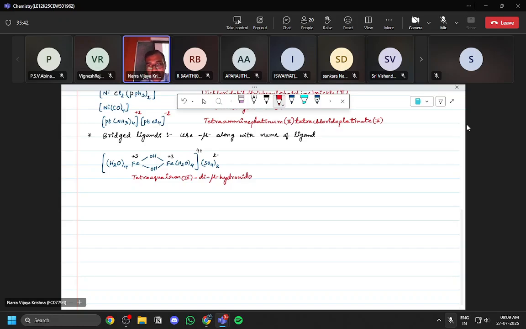Again, iron or tetraaqua? Tetraaqua, not ferrate. The total complex is positive. Again iron, again 3. Then sulfate.